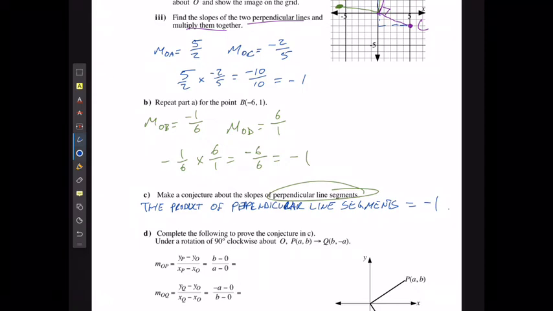The second statement is that the slopes of perpendicular line segments are negative reciprocals.